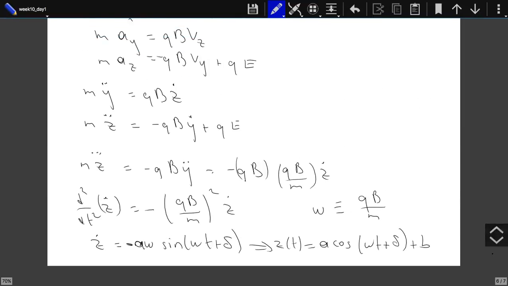Now let's look at the y expression. This is the equation for y. Or we can look at this equation. It's already integrated once.